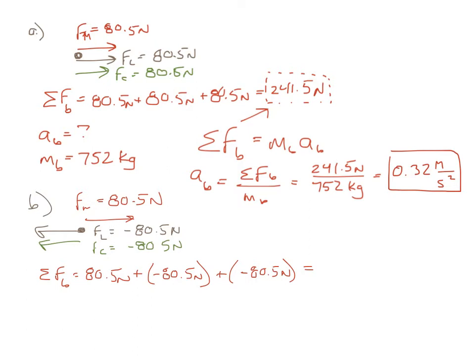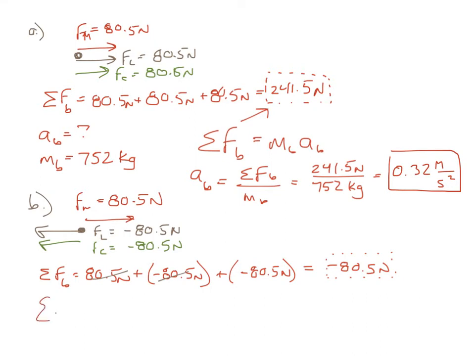Basically these two cancel out, and we have a net force in the negative direction of negative 80.5 newtons. That's our dotted line box, because the net force is one of the main things we want to find out. We're asked what the acceleration is now, with two guys working against one guy.